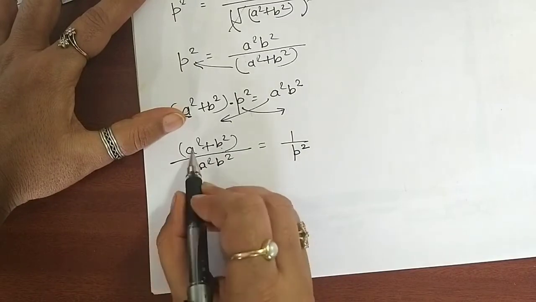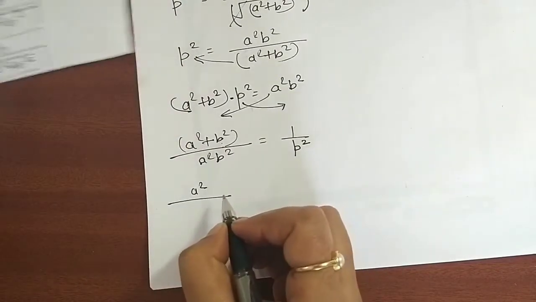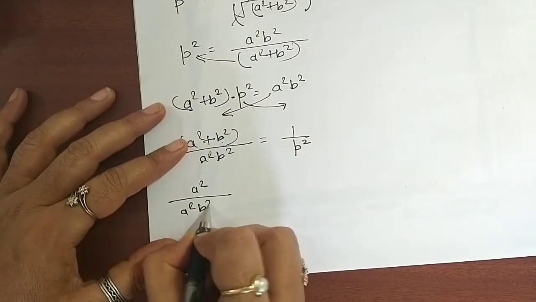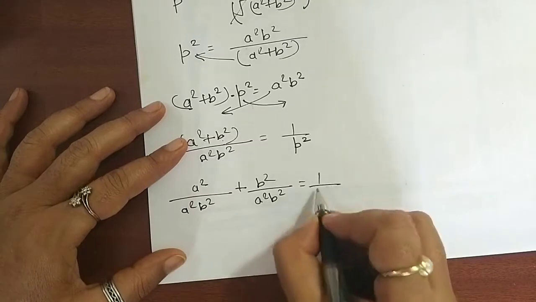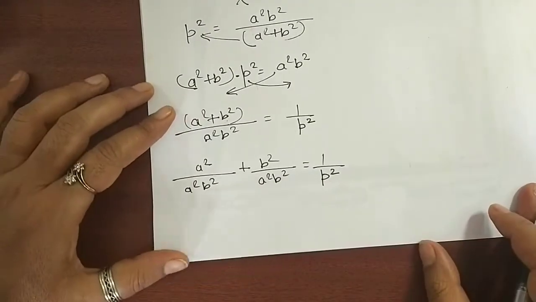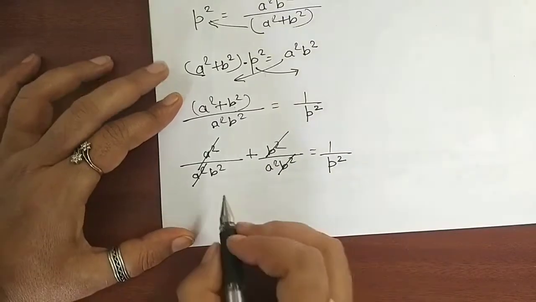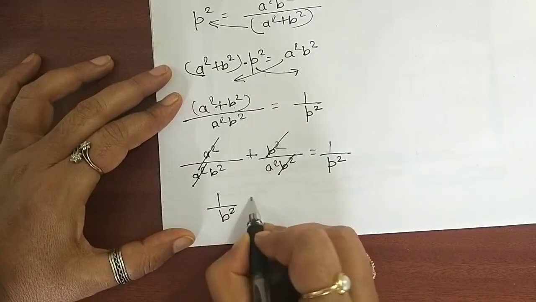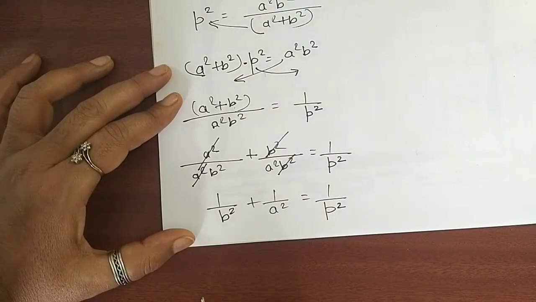Can I separate it? This by this and this by this. So I am writing A square by A square B square plus B square by A square B square is 1 by P square. Here A square will cancel. Here B square will cancel. So I am getting 1 by B square plus 1 by A square is 1 by P square.